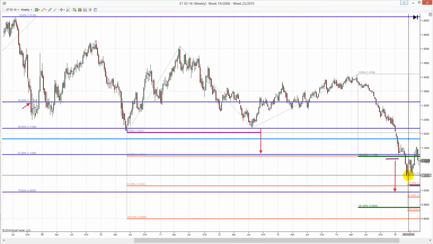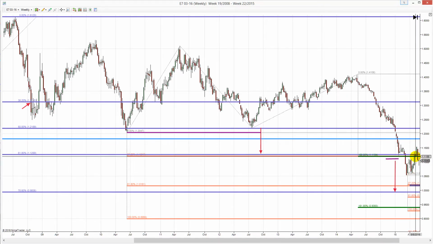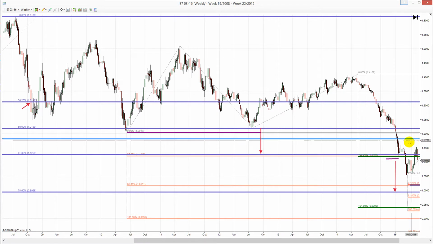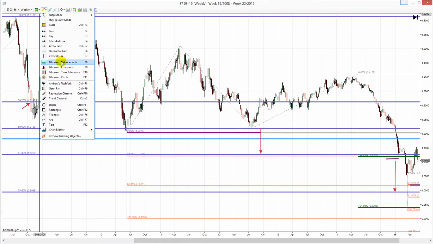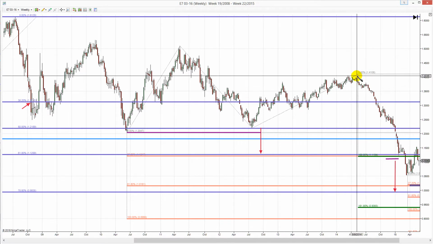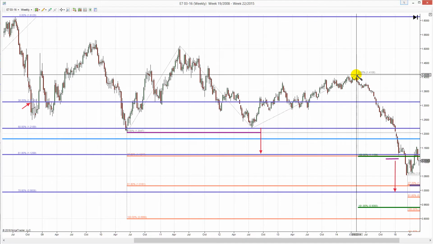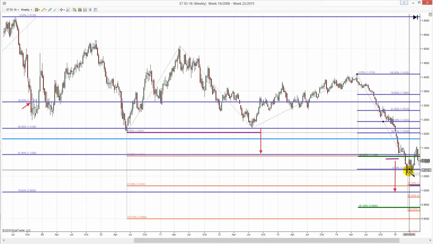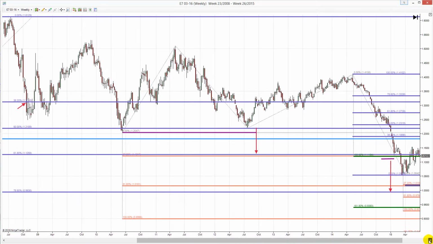If we remember, we made that low and started to bounce. The first target is here, and the second target is here. And from a recent low here, we can make a retracement, and let's see what happened.